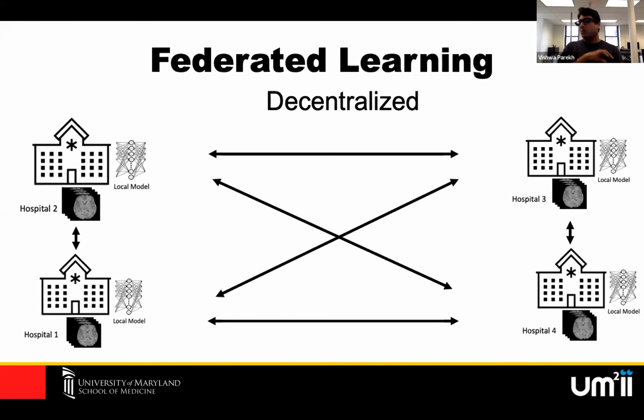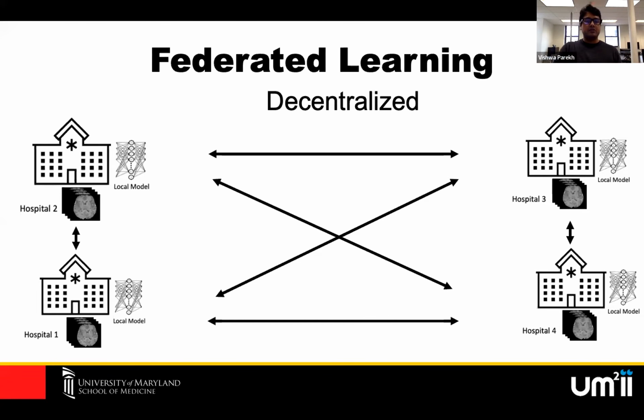And eventually, whether it's round robin or in an ad hoc fashion, every one of these different models would learn features across all of these data sets. So these are the two different ways in which we can use federated learning. So the idea with federated learning is that even when you're not able to share data sets, you can share models in a way that you can share features about these data sets and learn more global models.